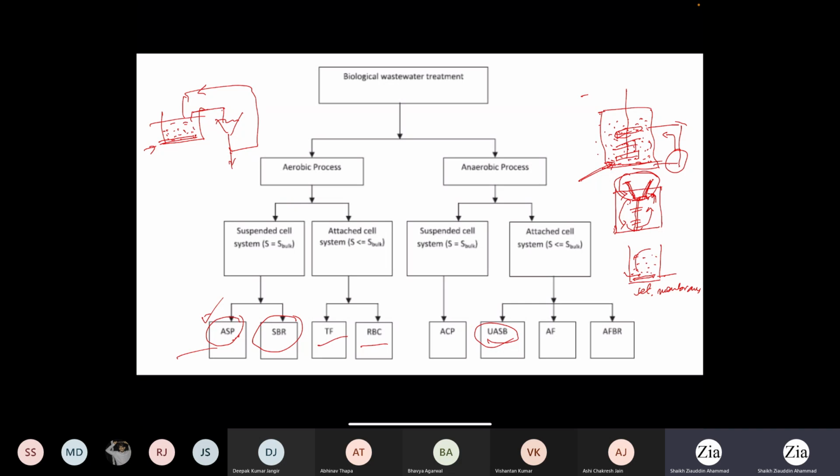Now, in all treatment systems, one of the common parameters to know how much biomass is required is estimated using a ratio called the food to microorganism ratio. Food means the waste nutrients, which are food for the microorganism. So you know the concentration of food to microorganism.